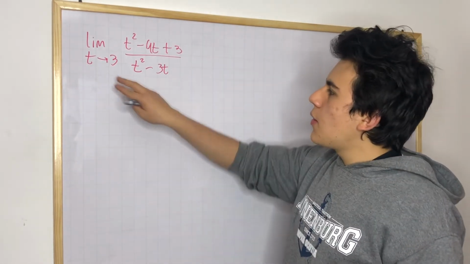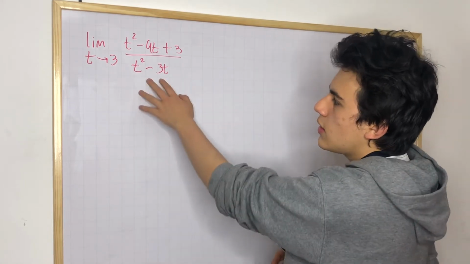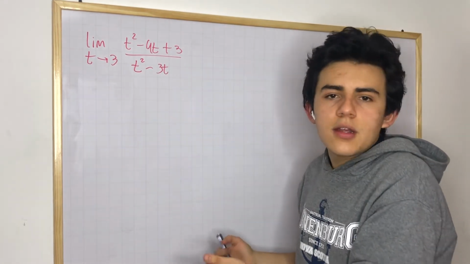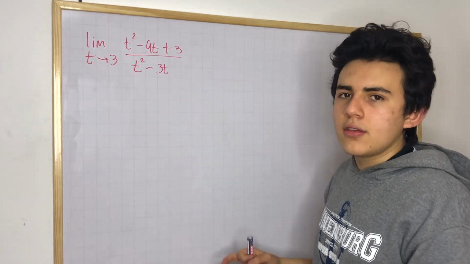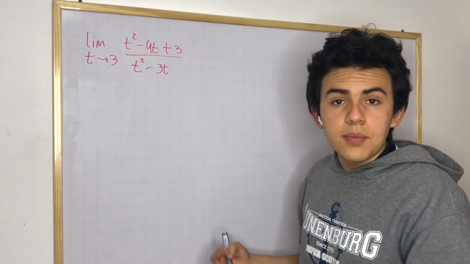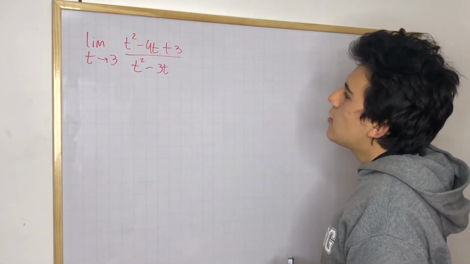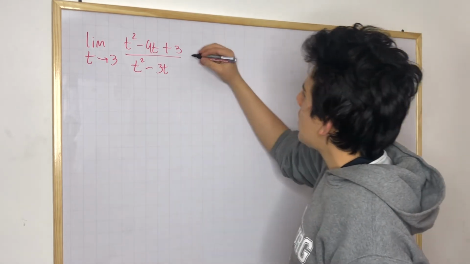So let's do this example. Now in this case, we know that if we plug in 3 into the denominator, we are going to get a denominator of 0, okay? So we cannot do that. Now we're going to use L'Hopital's rule and see what happens. So basically, we're going to differentiate top and bottom.